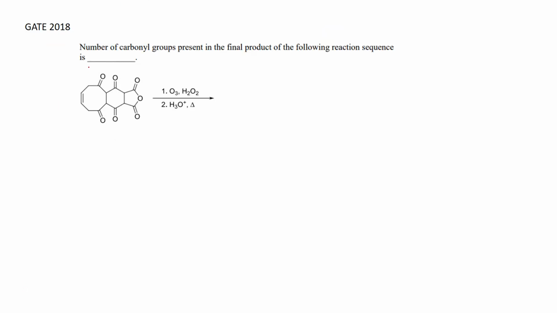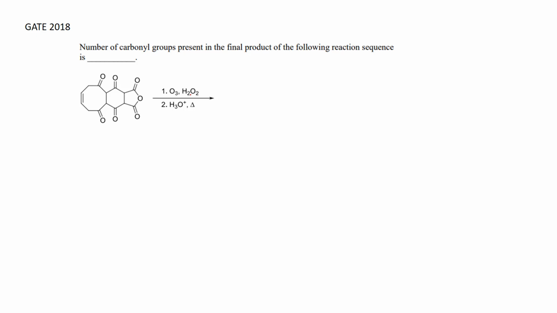So let's solve this one. Number of carbonyl groups present in the final product of the following reaction sequence. So how many carbonyl centers will be there in this product after the reaction? As it is O3 and H2O2, obviously it will be an oxidative ozonolysis.